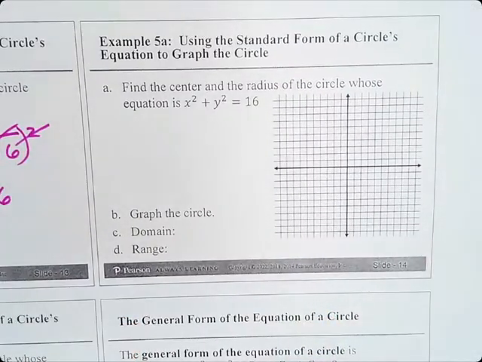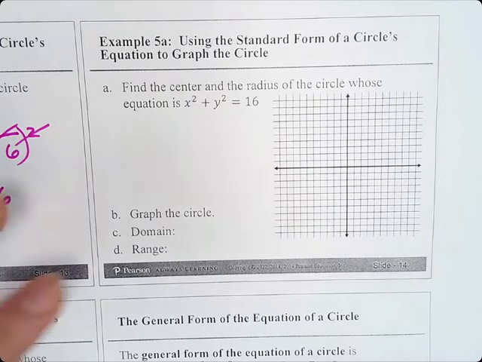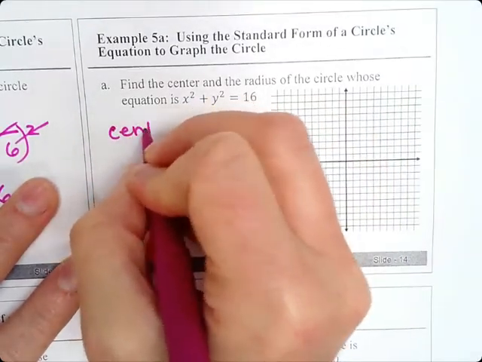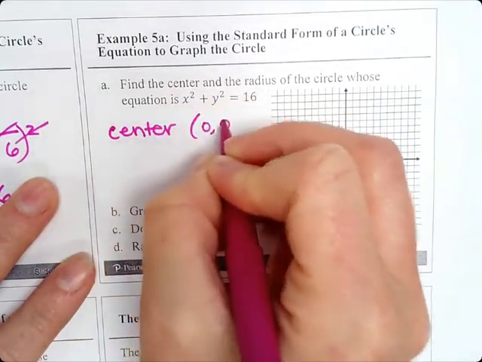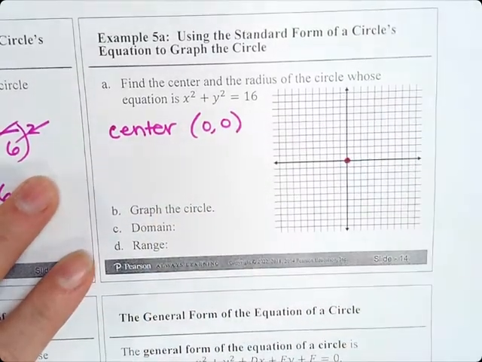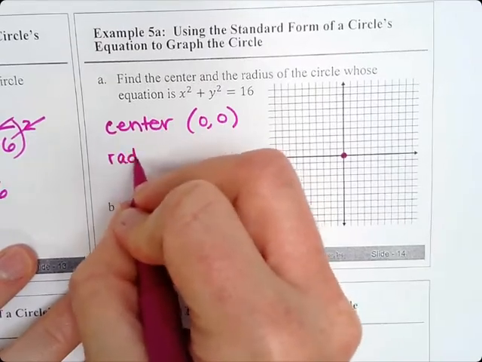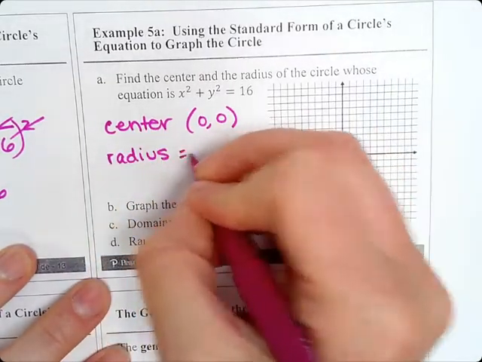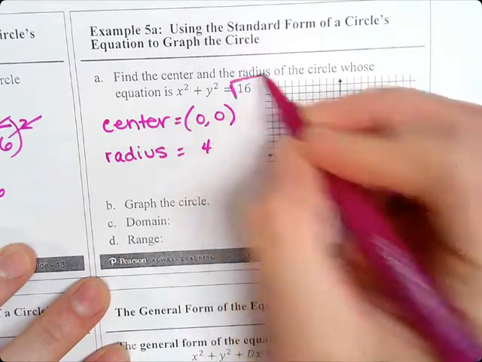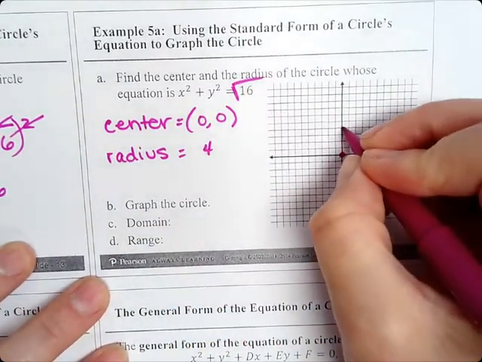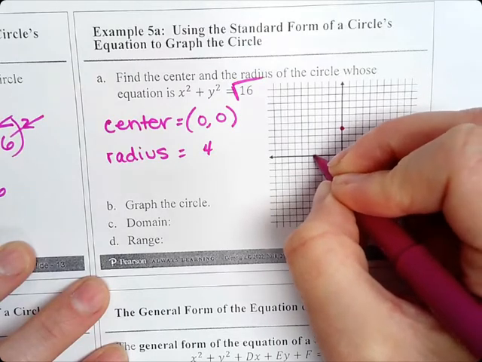Okay, so we have the equation x squared plus y squared equals 16. So whenever it's written like this, do y'all remember what the center is? Yeah, so center is 0, 0. So plot that point. And then what's the radius? 4, yeah. Because you take the square root of that, and that gives you your radius. So I'm going to go 4 to every single side.